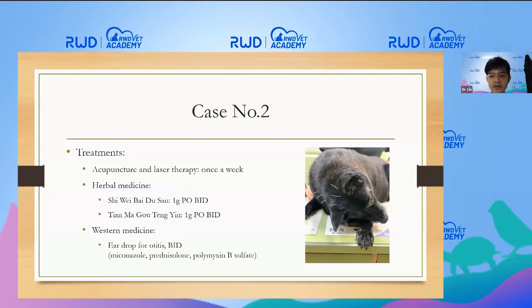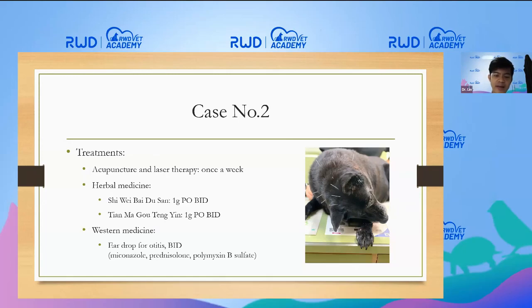For the herbal medicine for this patient, I prescribed 十味败毒散 and 天麻钩藤饮. To treat otitis, eardrops containing miconazole, prednisolone, and polymyxin sulfate were given twice daily. This picture shows the acupoints I used for this patient.